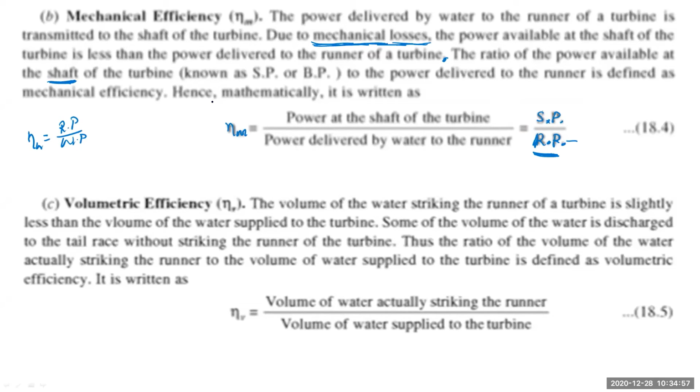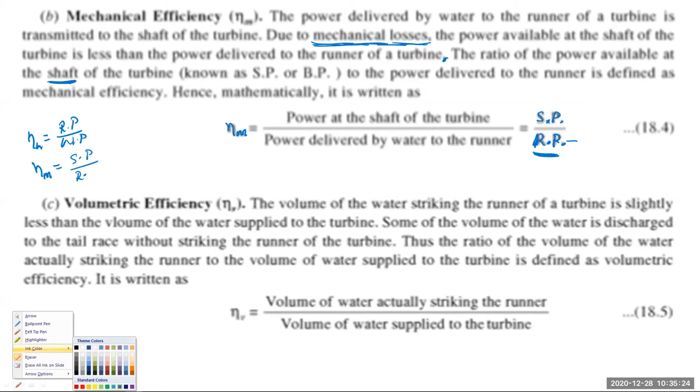This is the second efficiency. So I will write here eta M for your mechanical efficiency. It is nothing but shaft power upon runner power. Sorry, this should be P; I have written R. Runner power.